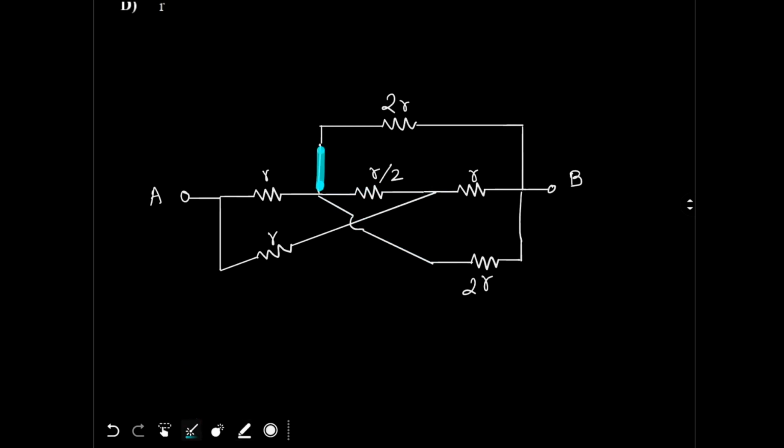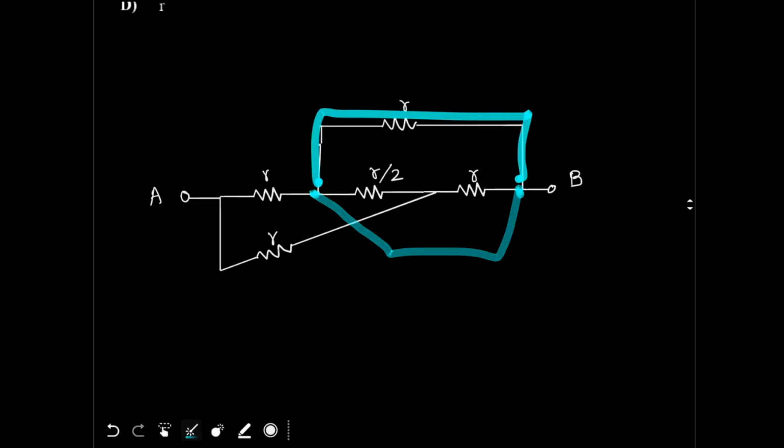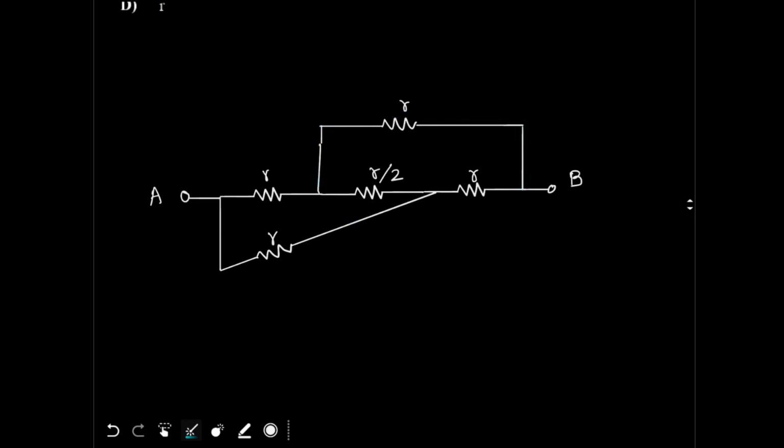Again, this resistor and this resistor are in parallel, their ends are connected together and to nothing else. So I can remove this resistor as well and put R over here. The resistor over here 2R and the resistor over here 2R, they combine to become R because they were in parallel. So now this is a much simplified circuit.